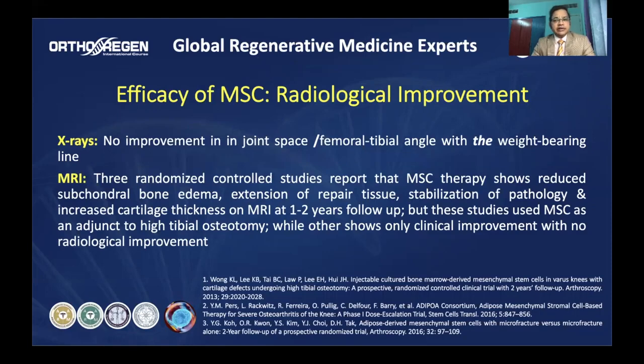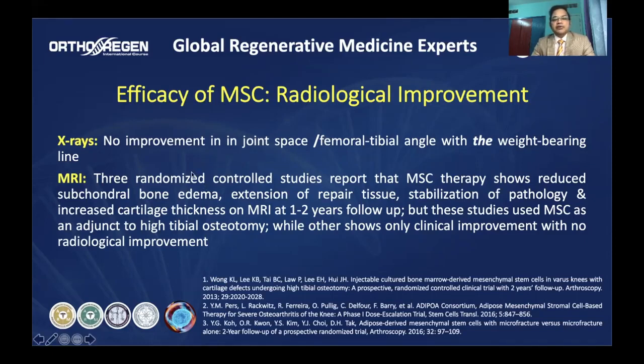Do stem cells change the radiological finding or the imaging? Again, the literature is showing variable results. Most of them say there may not be any improvement if you look at the joint space or the alignment. Few studies have shown that there is improvement, but we should have proper x-rays, with the same views done before injection and after injection.